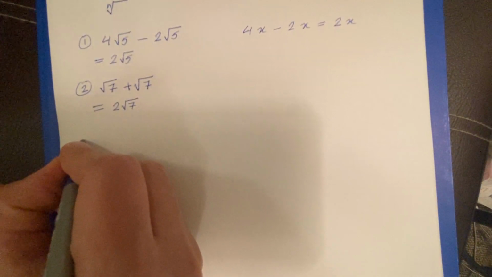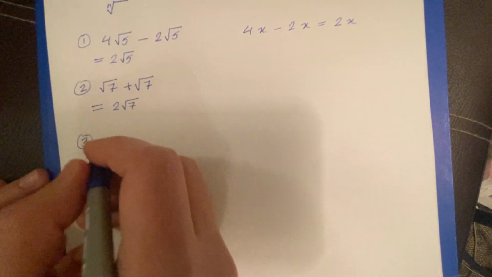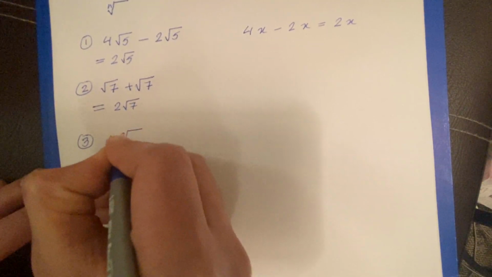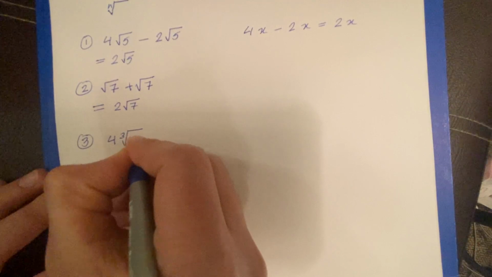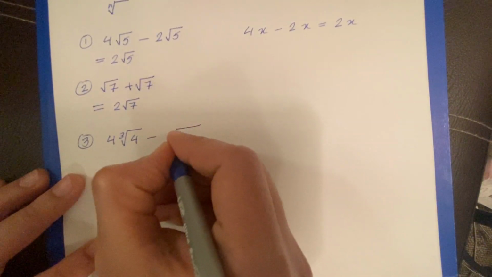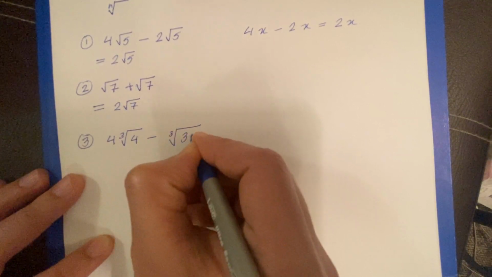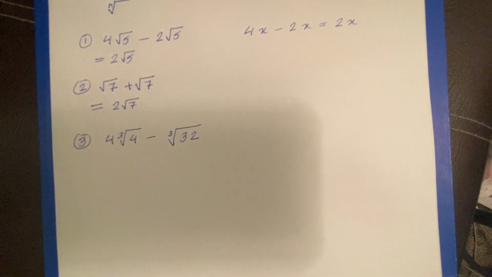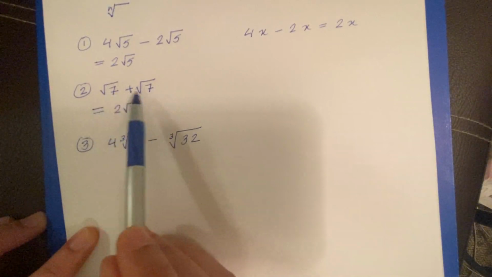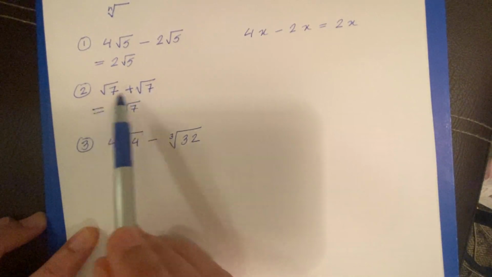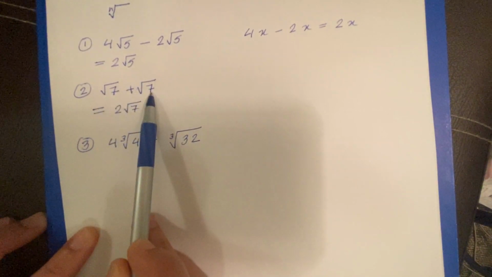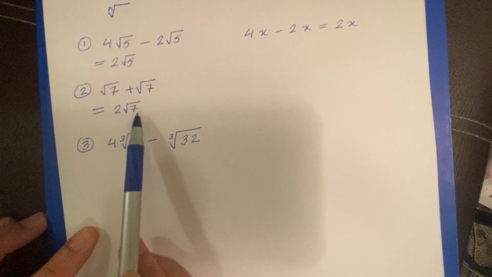So number 3, let's say we now have 4 times cube root of 4 minus cube root of 32. The only time you can combine two things is when we have like terms. In the previous one we had square root of 7 and square root of 7, so that's why we said 2 times square root of 7.